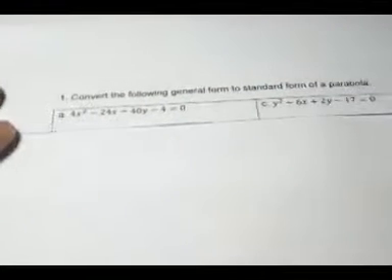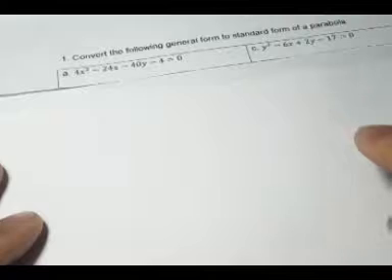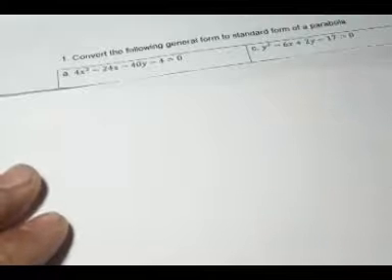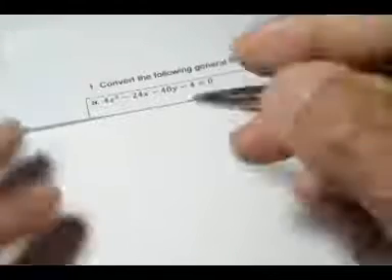Our next problem is convert the following general form to standard form of a parabola. From this general form, we will convert this into standard form and sketch the graph of the parabola.